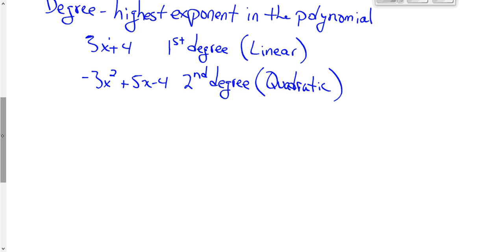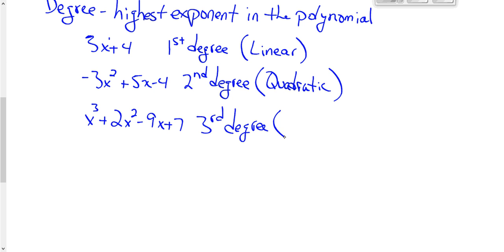Maybe I have something like this: x to the third plus 2x squared minus 9x plus 7. What degree would this one be? Third degree, right?